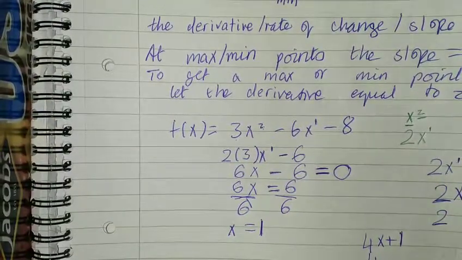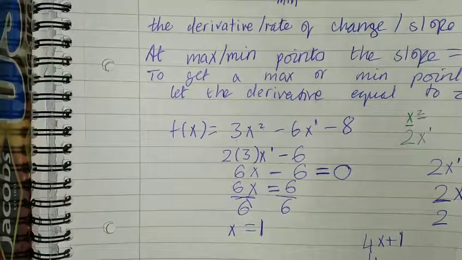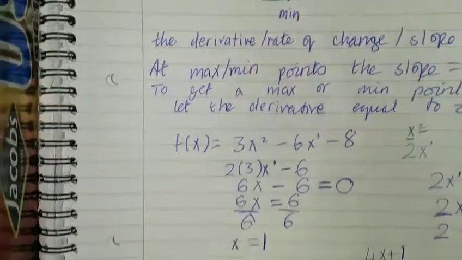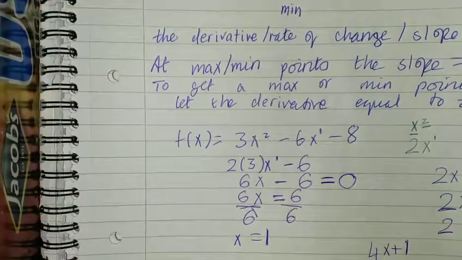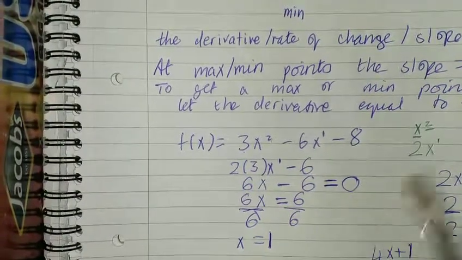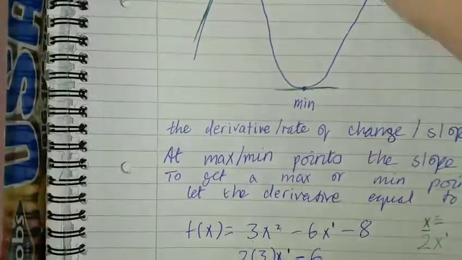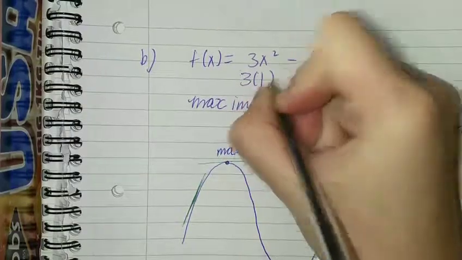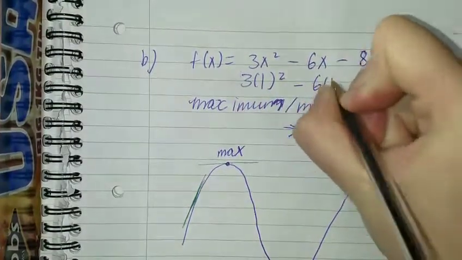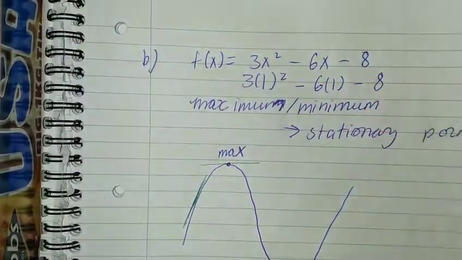But they didn't just ask us for the x value, they asked us for the coordinates. So we have to sub this back into our original equation. If we sub it back into the slope equation, we'll just get the slope at 1, which we figured out already is 0. So we have to sub 1 into our original equation, so it'll be 3 by 1 squared minus 6 by 1 minus 8.